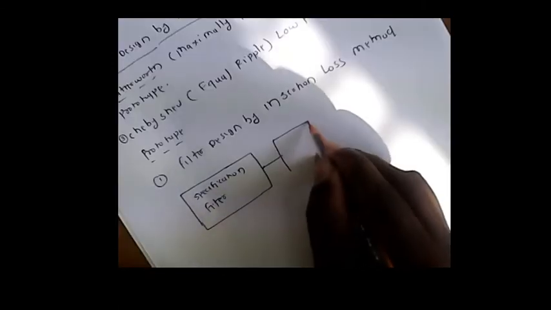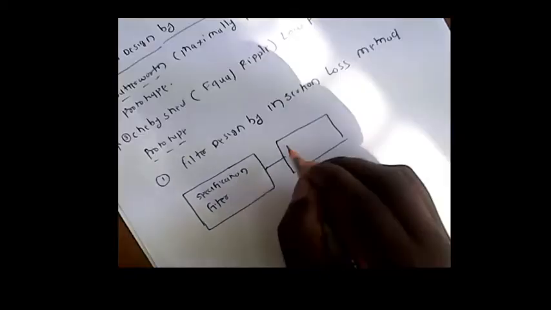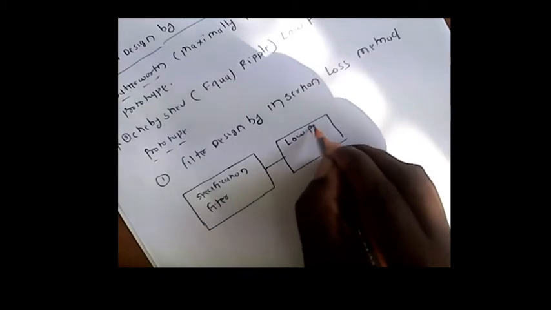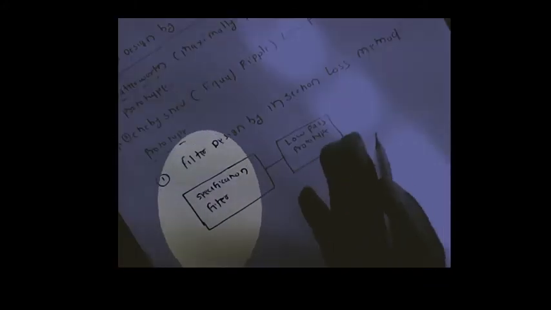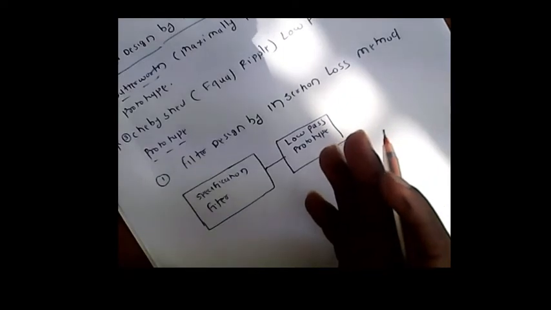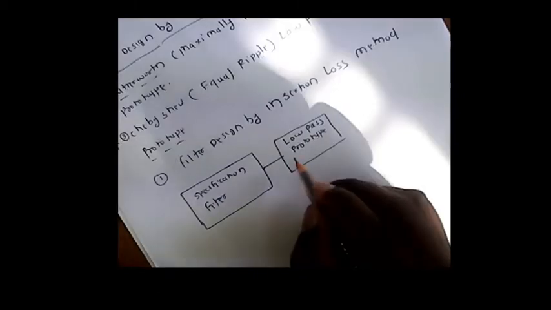The second step is the low pass prototype design. To define any filter, like band stop, band pass, band reject, Butterworth or Chebyshev, we must first define the low pass prototype design.